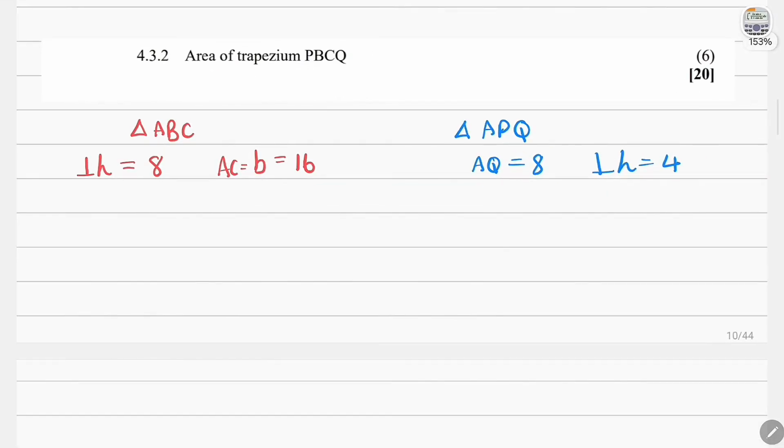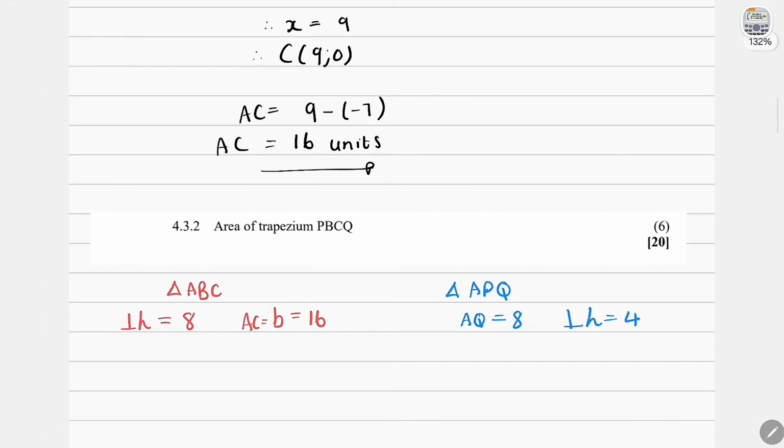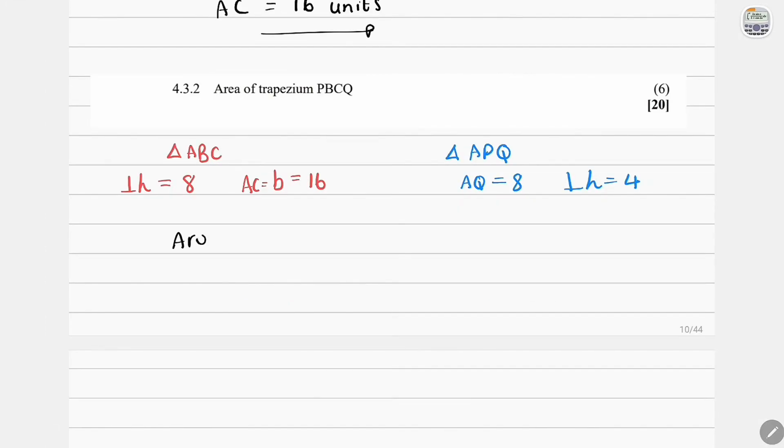And now we can go ahead and find this. So the area of triangle ABC, you can actually just find it together. That's fine. So to find the area of this trapezium PBCQ, we take the area of triangle ABC minus the area of triangle APQ.